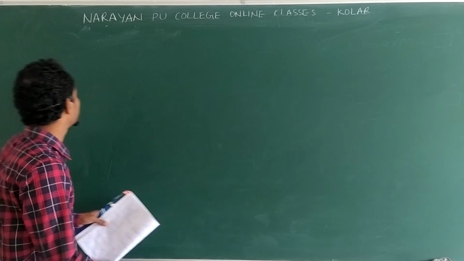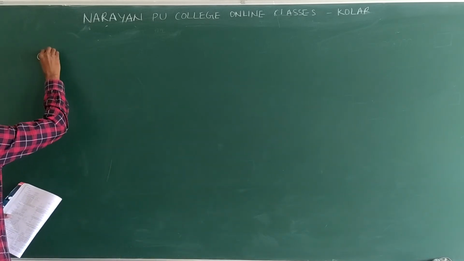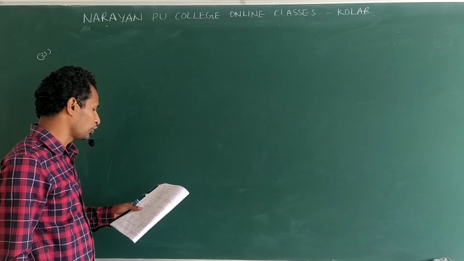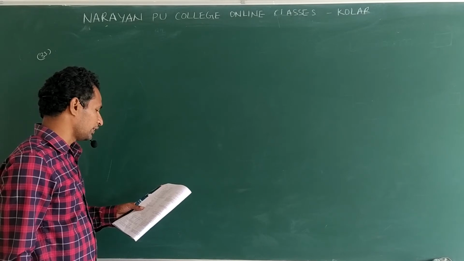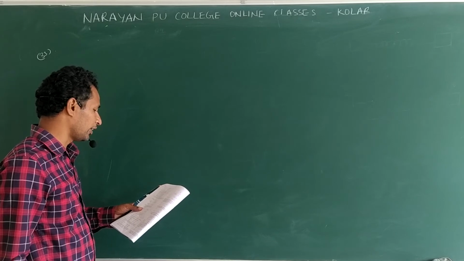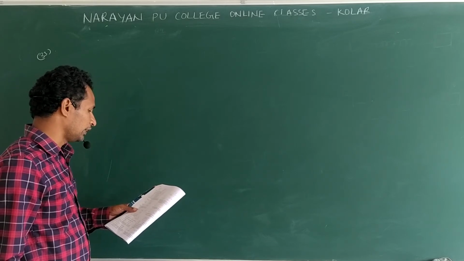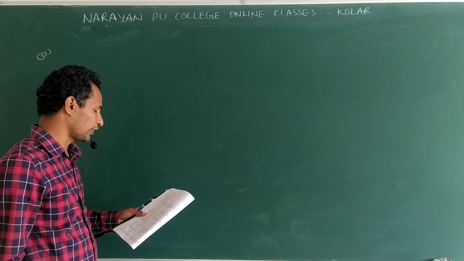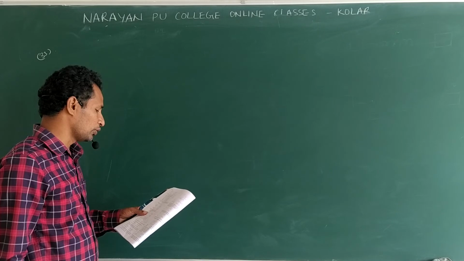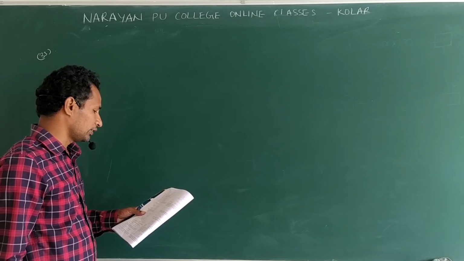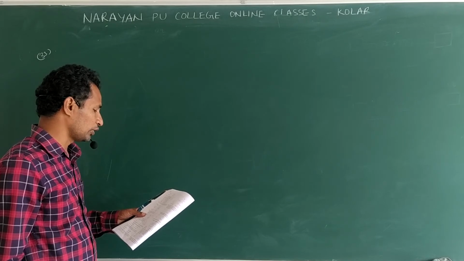Now 33. There is a uniform electric field of 50 volt per meter between parallel plates as shown in the figure, directed like this. A charged ball is in equilibrium, and the mass of the ball is 80 gram.